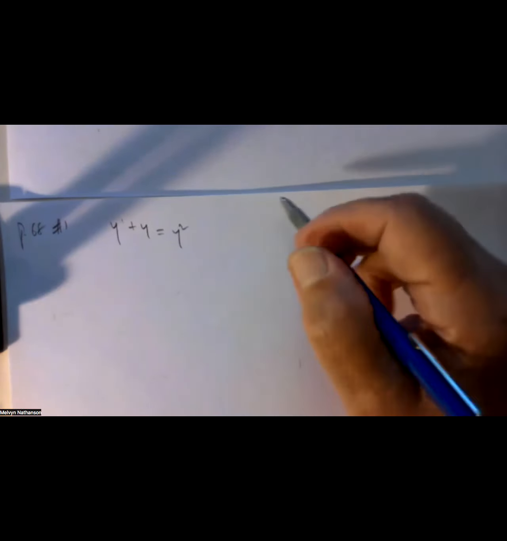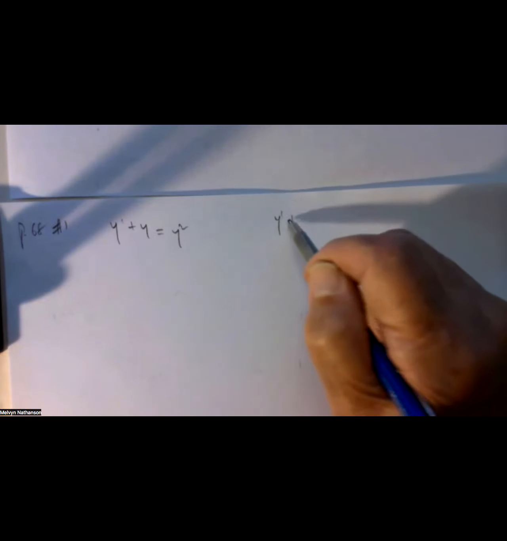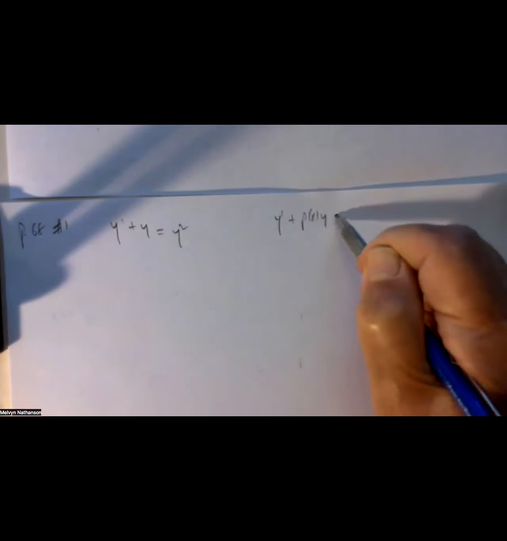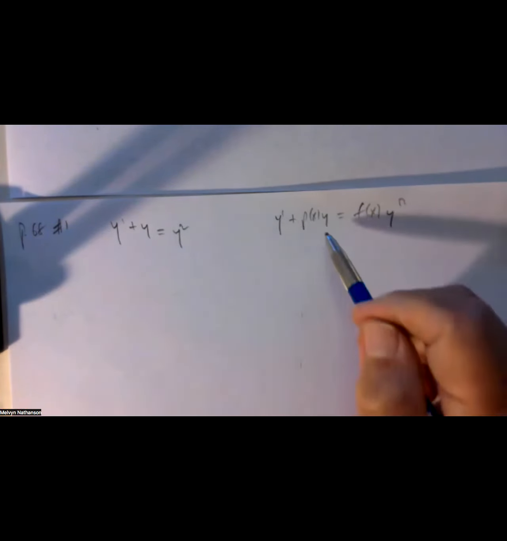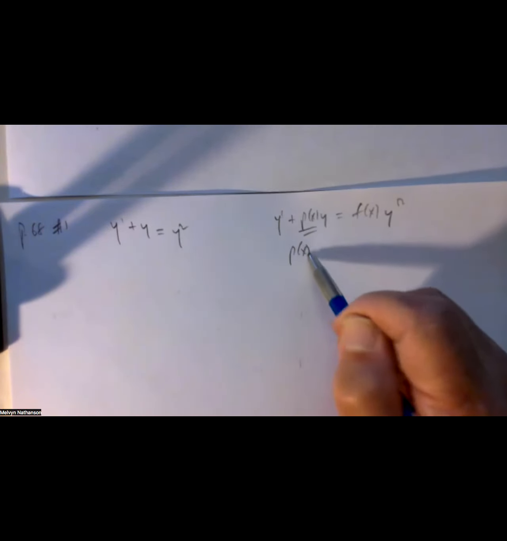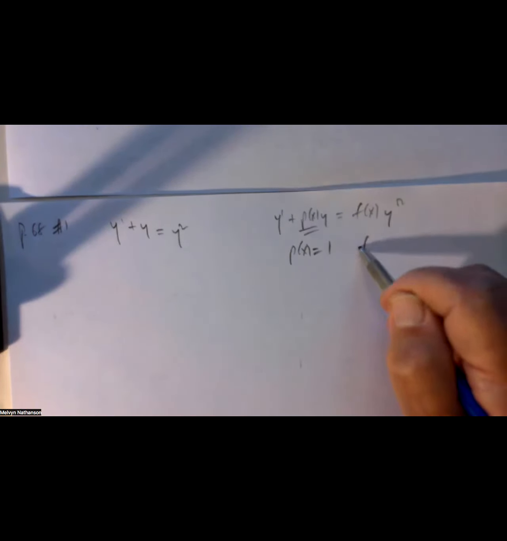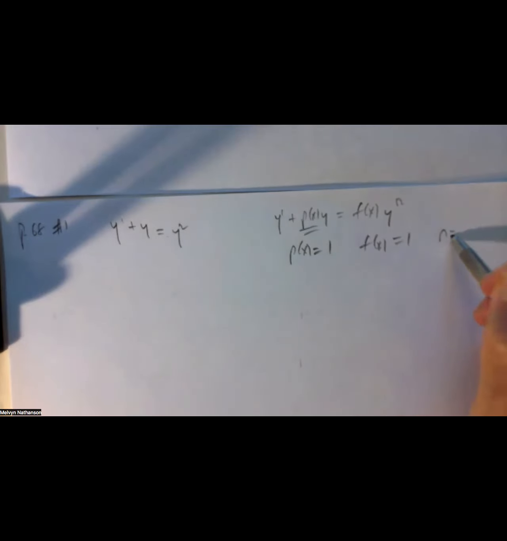So this is a Bernoulli equation. Remember, if you think of the general Bernoulli equation as being y prime plus p of x y equals f of x y to the r, in this case, my p of x is just equal to 1. My f of x is also equal to 1, and r is equal to 2.